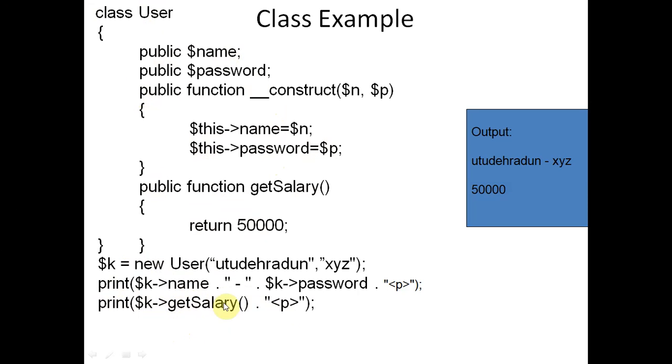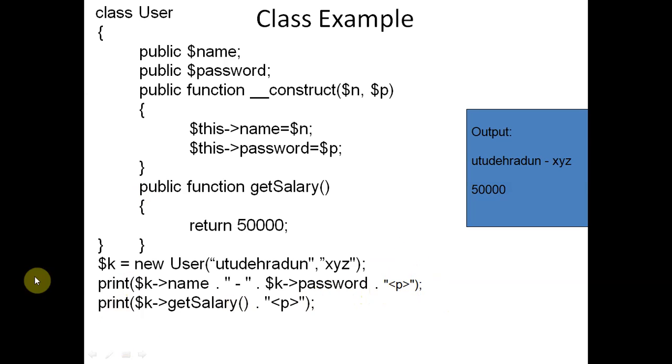We write $k arrow name, which is the variable of the $k object, and dot is used for concatenation, and then a string inside double quotes, and again we concatenate and mention $k arrow password, and then again the concatenation dot, and then p, which is for paragraph.